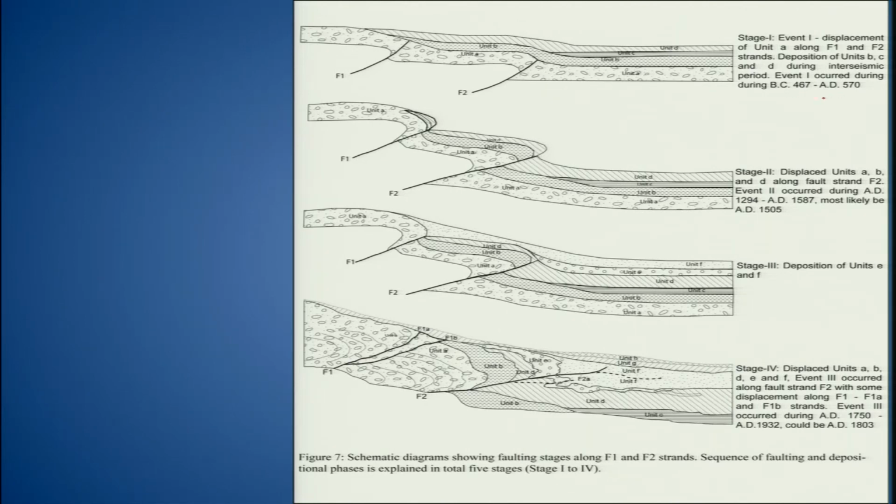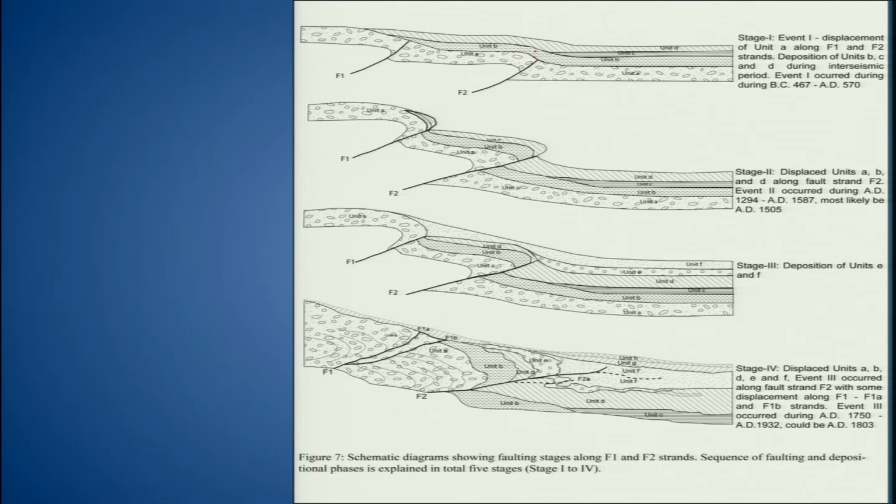events chronology, and this was done using OxCal, the calibrated ages which you see here, and the bracketing you got from OxCal. But I'll first explain how we have reconstructed the history here, and then we'll come to the bracketing part in the next slide. So what we inferred is that event 1 displaced unit A along the F1 and F2 strands.